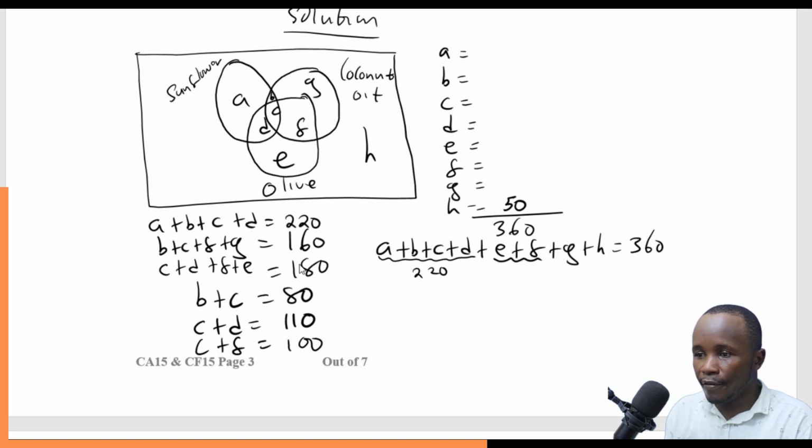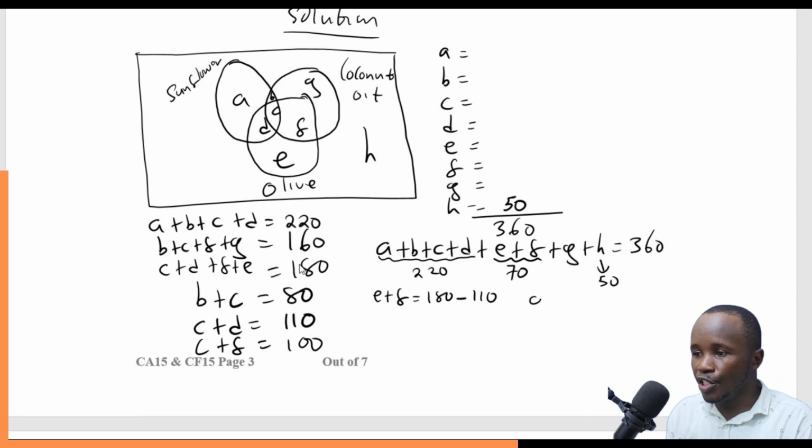Look here. If I want to get E plus F, it's the same as 180 minus C plus D. C plus D is 110. So this particular part here is 70. Already my H here is 50.